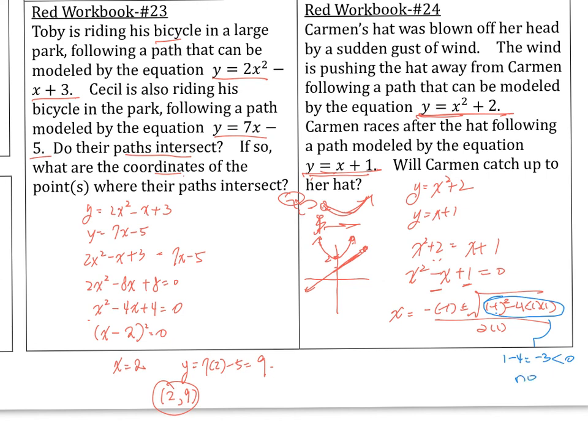So in this case, there are no real solutions. So we can conclude that Carmen will not catch up. So this graph and this graph, they will never cross.